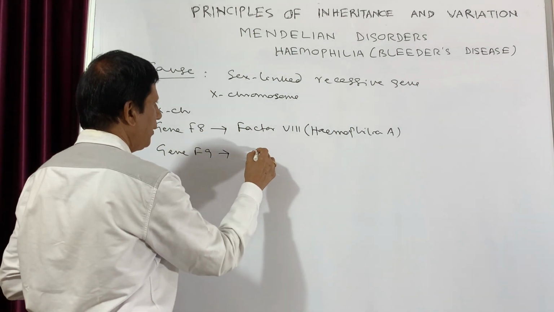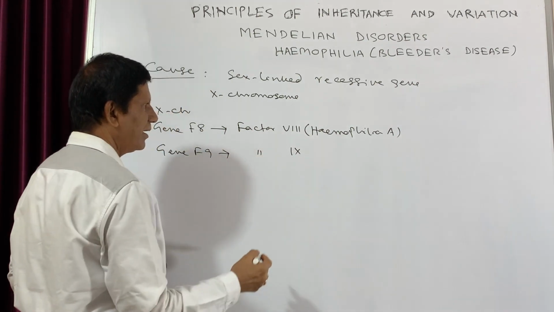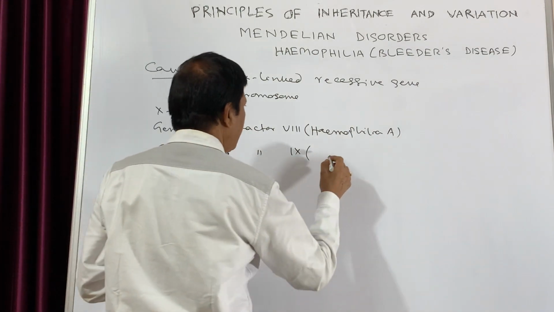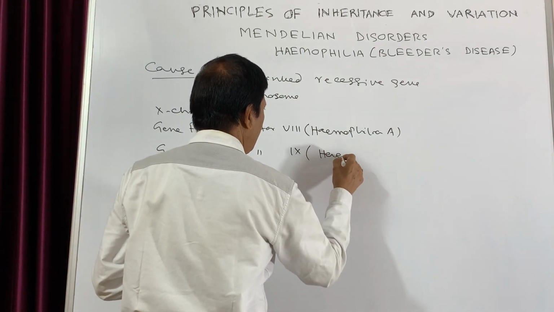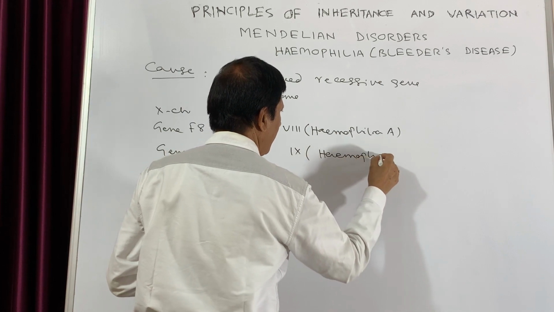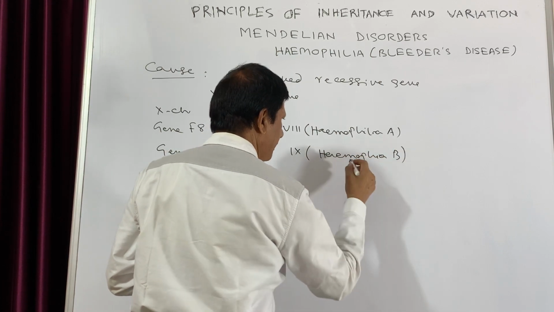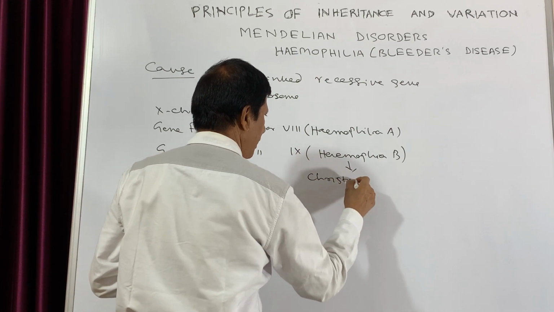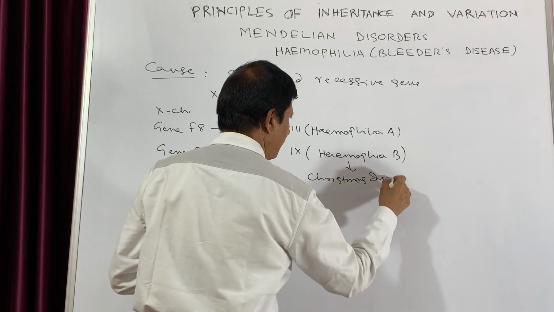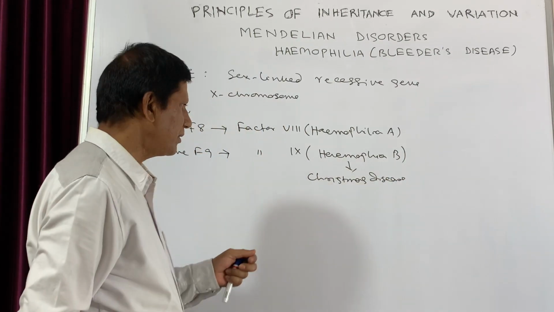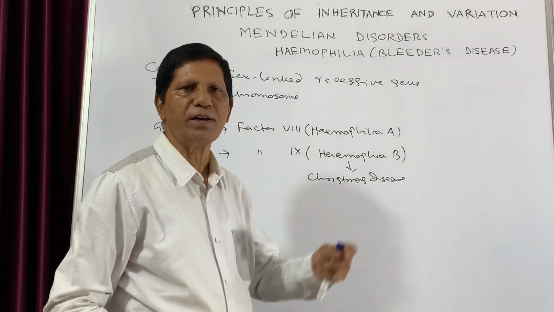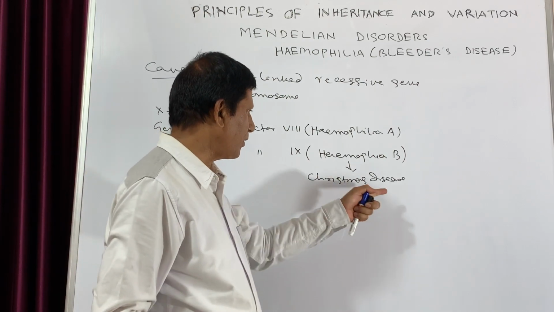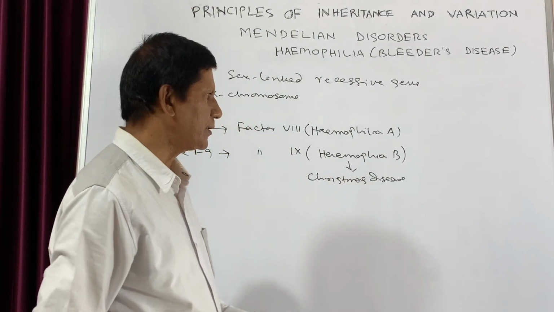This is responsible for factor 9, and if it is defective, then it will give rise to hemophilia B, and this is also known as Christmas disease, after the name of the patient, Christmas. First it was reported in a 5-year-old boy, Christmas, so accordingly it is named Christmas disease.